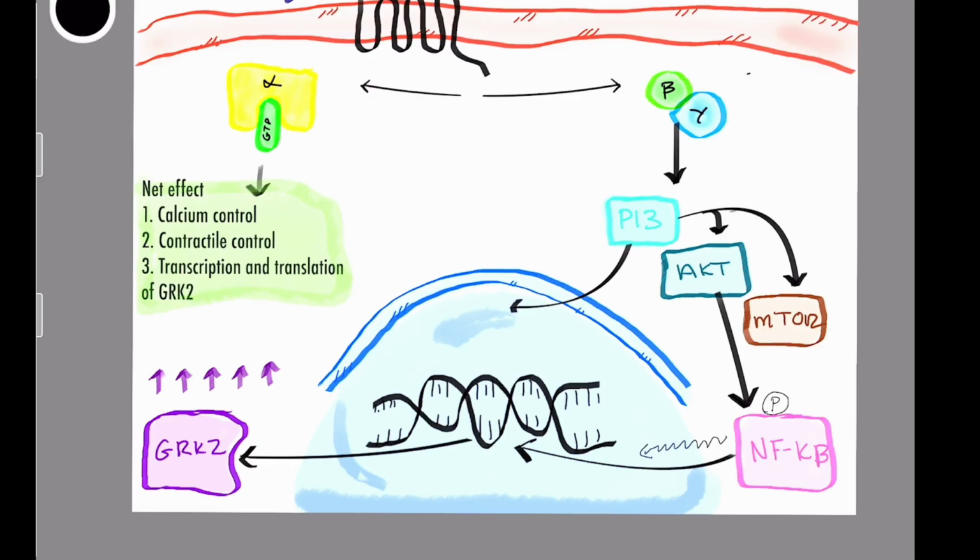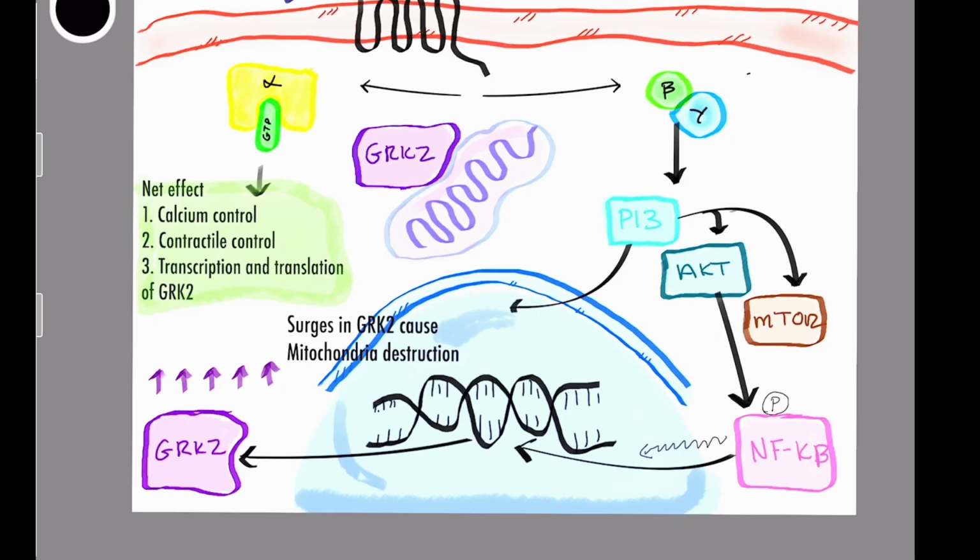So now there's another problem that happens with GRK2. As we talked about, cyclic AMP needs ATP, right? We need a lot of ATP in the cell, and that's why I told you the mitochondria health is super important. Well, it appears that GRK2 possesses the ability to cause mitochondria destruction. So when we have surges in GRK2, it does interact with the mitochondria within the cardiomyocytes, and this is going to inhibit the ability for the mitochondria to create more ATP, which is going to inhibit the ability for ATP to get converted to cyclic AMP, which is going to impact this pathway, which is this calcium control, contractile control pathway.